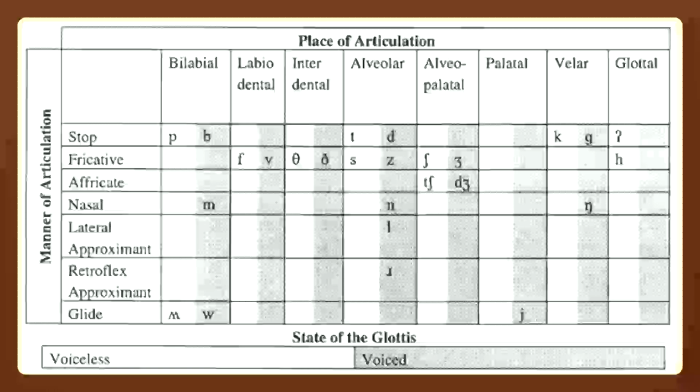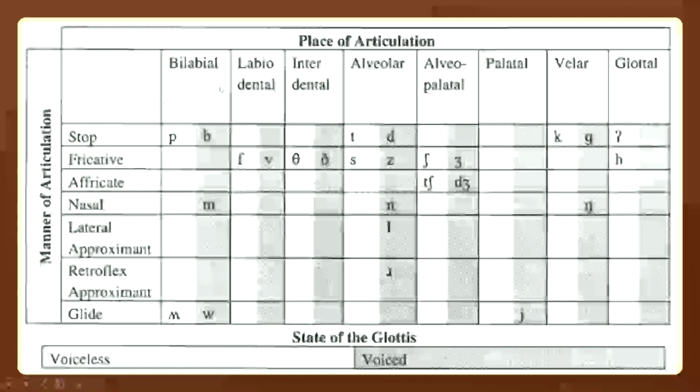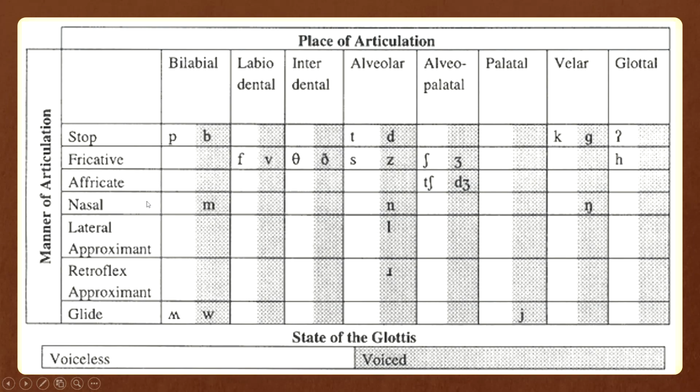You should definitely be able to talk about bilabial consonants, interdental, alveolar, labiodental. You should be able to talk about those, and you should certainly be able to talk about stops, fricatives, affricates, and nasals all the time. Those are something we need to be able to discuss to talk about the history of the sounds of English.